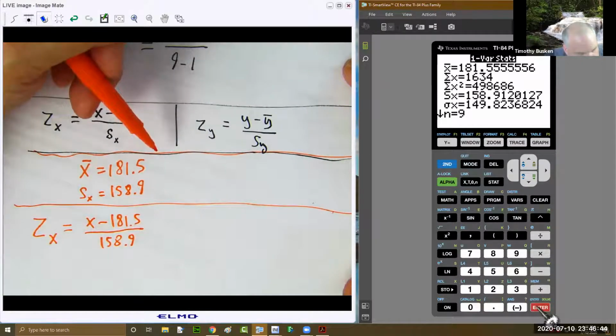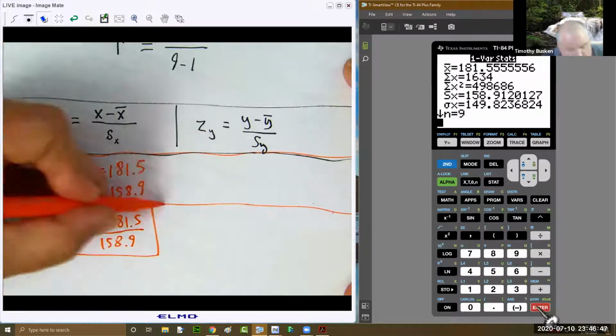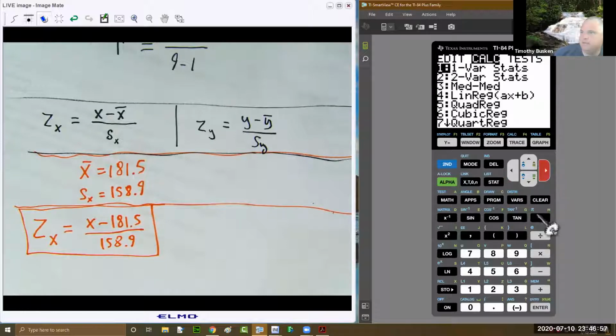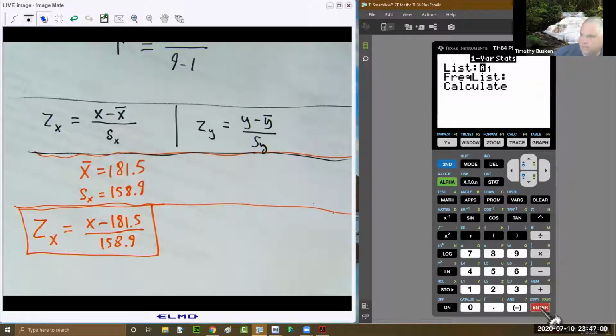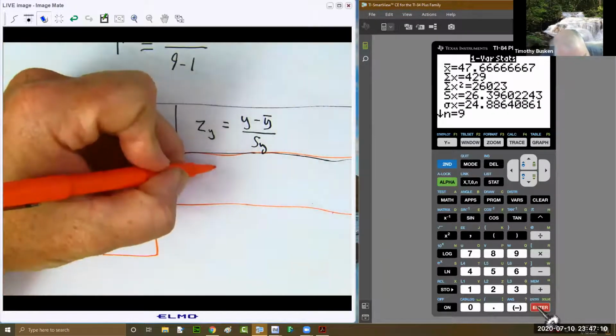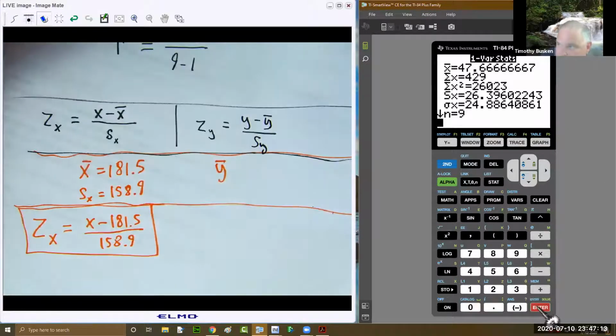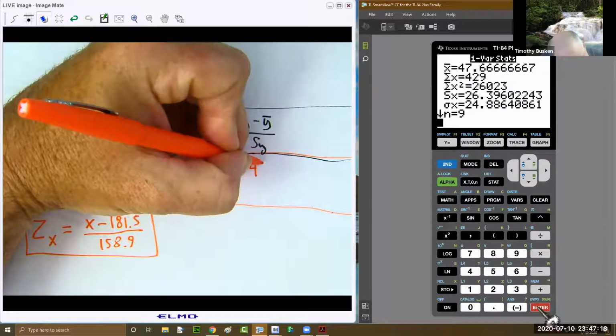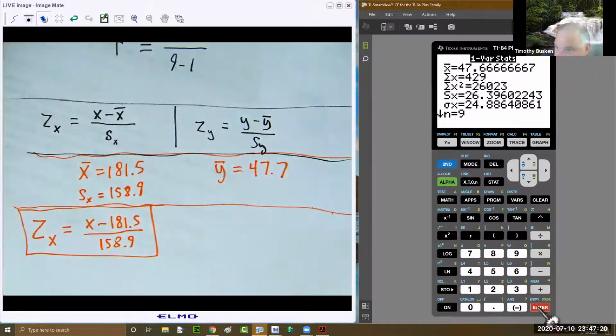If I do the same thing for the y values, I can simplify the formula for zy, and then it's easier for me to use the formula. So I need to rerun the one-variable stats command, but this time on the L2 list, the Y list. It looks like y bar, the average of the y data, is 47.7, rounding to the tenths.